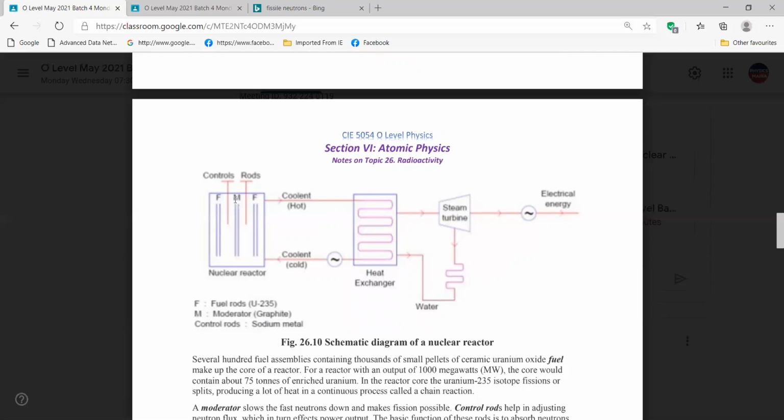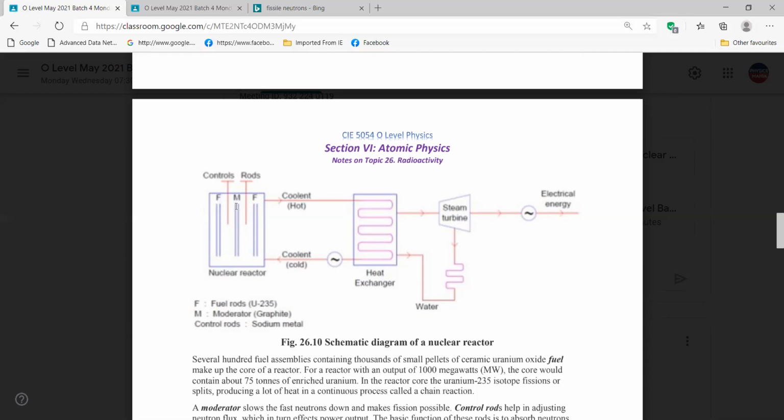Sir, can you start again? Look, we have here control rods and F for fuel rods. This one is the uranium rod. Here, uranium is the fuel.